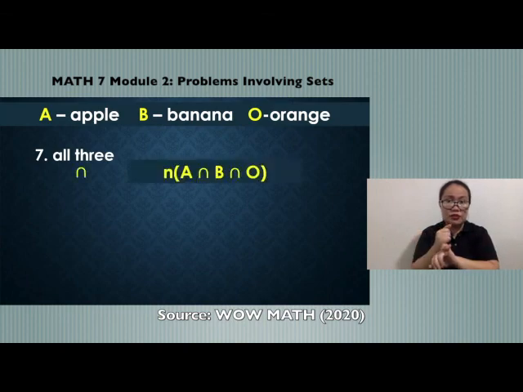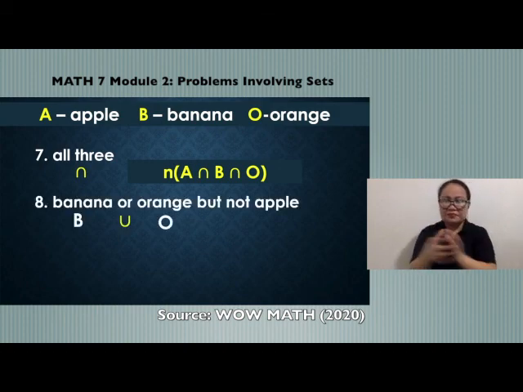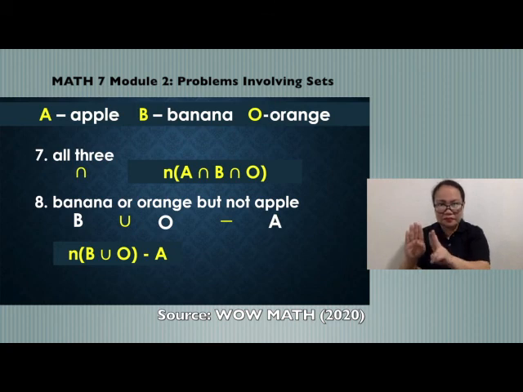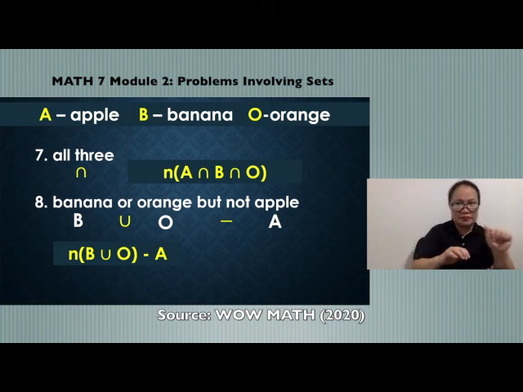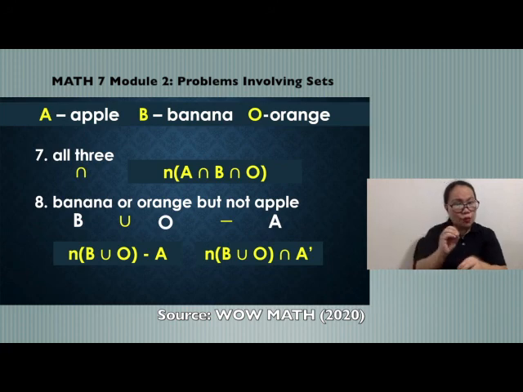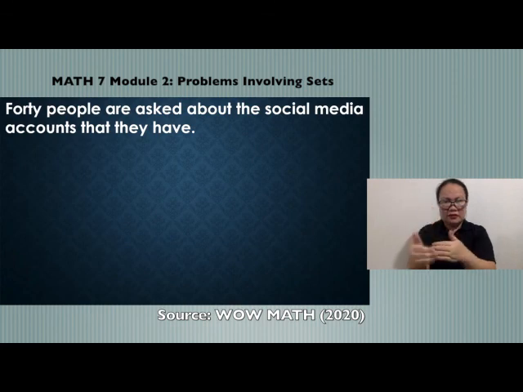So, ibig sabihin, this is the cardinality of the intersection of three sets. And then banana, B, or is union, orange, but not minus or complement. And then apple, so we have the cardinality of the union of B and O minus A, or pwede rin namang complement. Alright? Now, let's proceed to the problem solving.